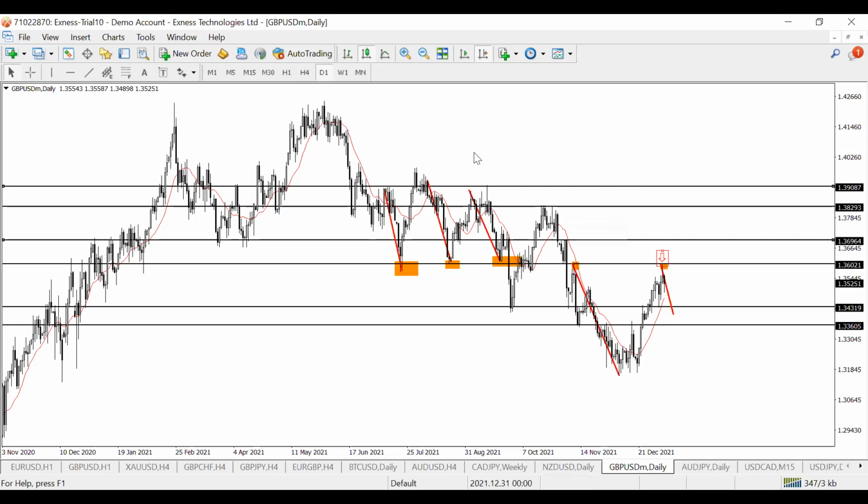Like I explained earlier, let me just do a quick recap. Support and resistance zones are key reversal areas. The rule of thumb is that you buy from support and you sell from resistance. What does it mean? You buy when the market is low and you sell when the market has gone up, when it is high.